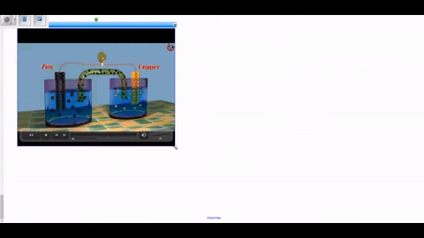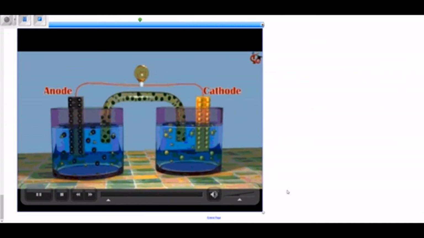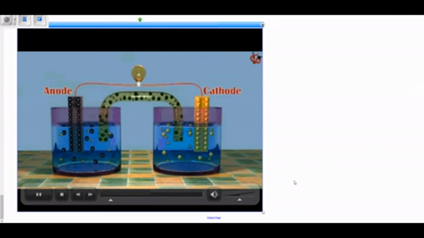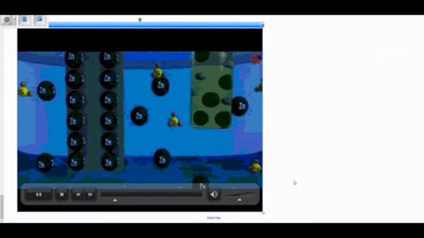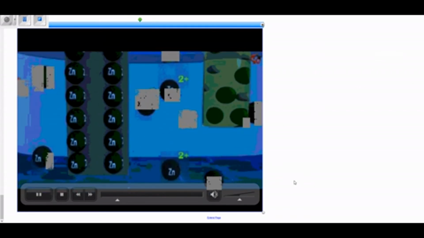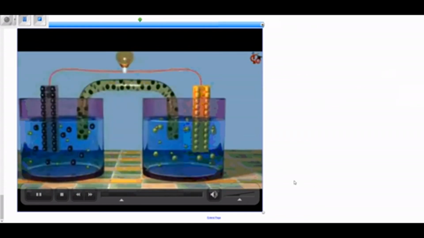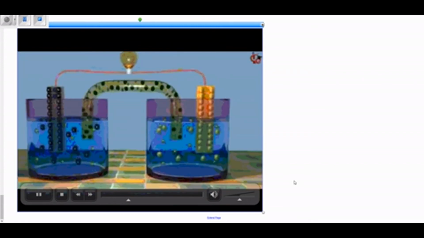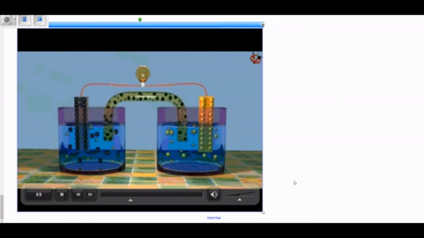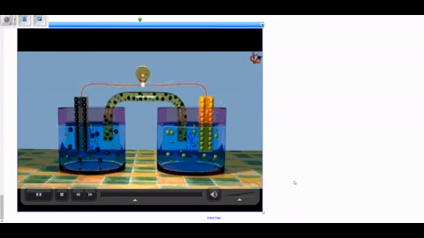A useful galvanic cell can be constructed by using zinc and copper. The anode is a zinc bar placed into a zinc sulfate solution. And the cathode is a copper bar placed into a copper 2 sulfate solution. The two solutions are connected by a porous sodium chloride salt bridge that prevents the two solutions from mixing but allows ions to migrate.